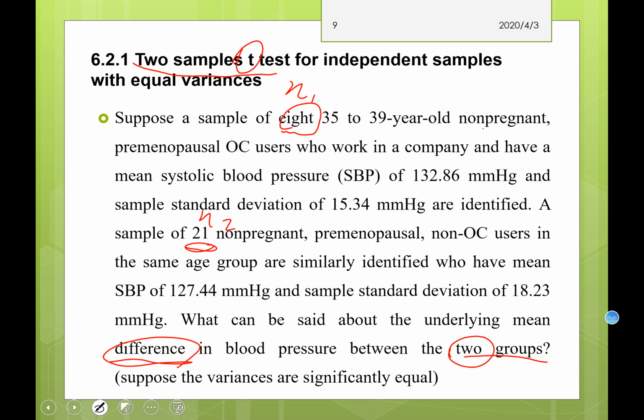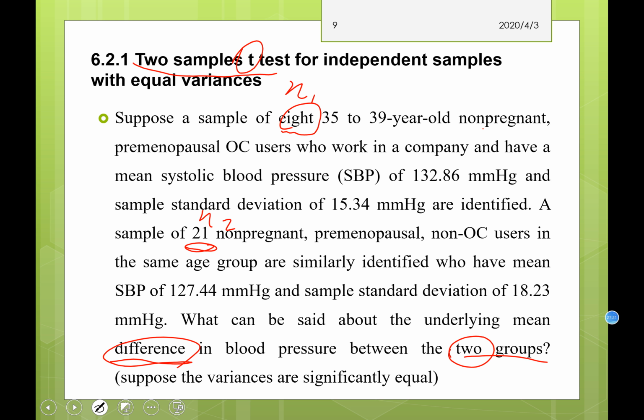Can we find those keywords in the question? No, we can't. If there are no such keywords, that means the question should be an independent samples t-test. So here we know this is a question about two independent samples t-test.